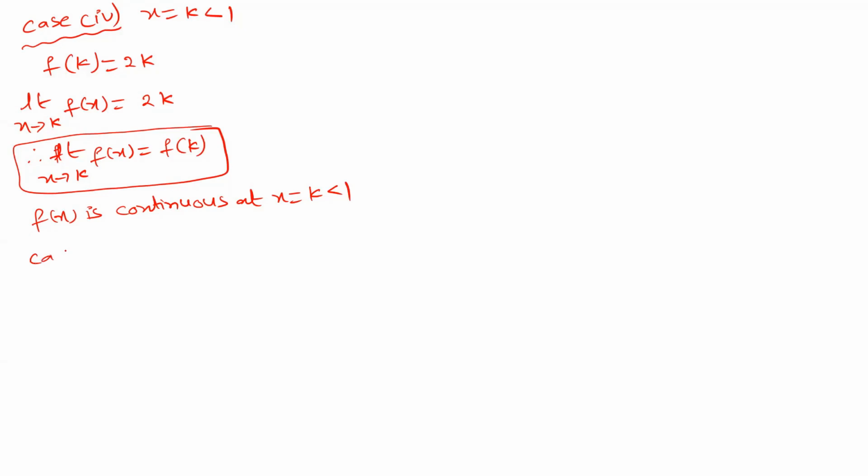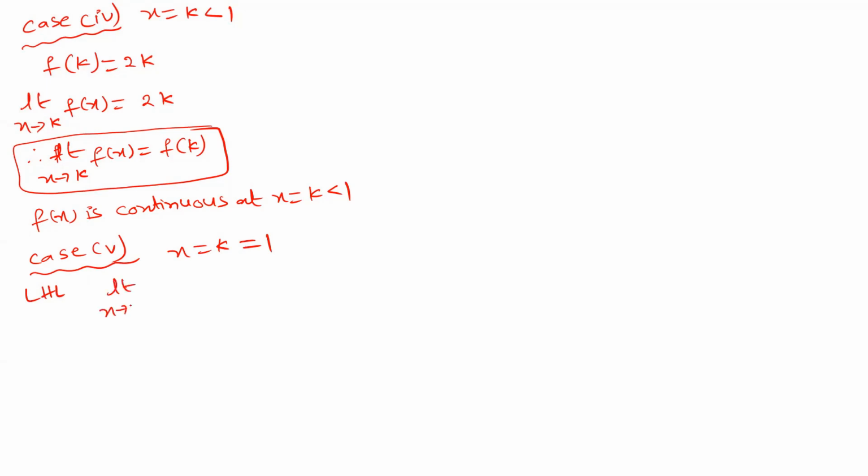So next case, the fifth one is, where x is equal to k and which is equal to plus 1 here. So for x equal to k, which is equal to 1, we have to take the LHL limit, RHL limit and the value of the function also. So first we will take LHL.